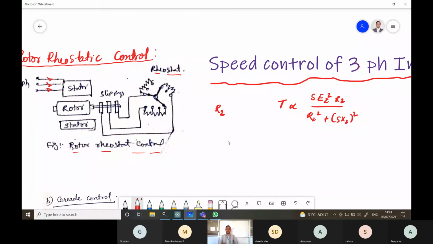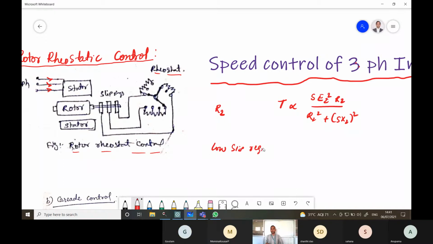Now for the low slip region, when slip is low, (S X2) whole square is very much less than R2.